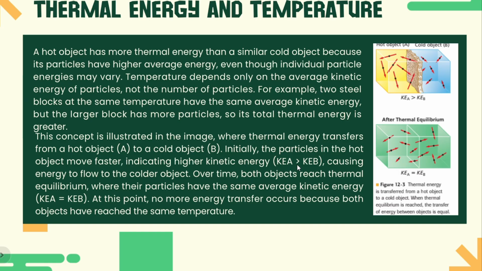KE(A) is greater than KE(B), causing energy to flow to the cold object. Over time, both objects reach thermal equilibrium, where their particles have the same average kinetic energy. KE(A) equals KE(B). At this point, no more energy transfer occurs because both objects have reached the same temperature.